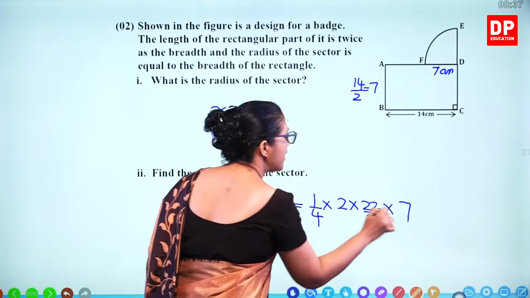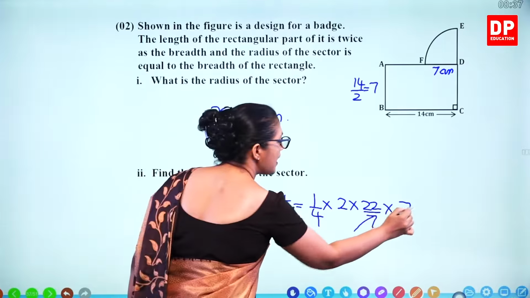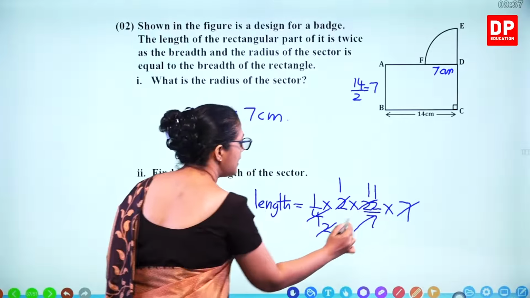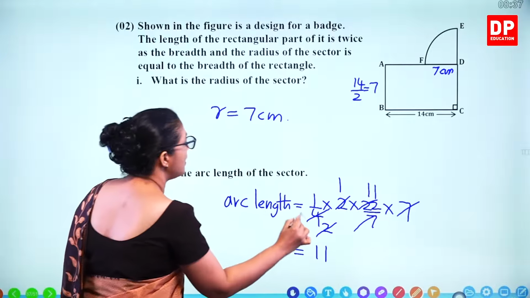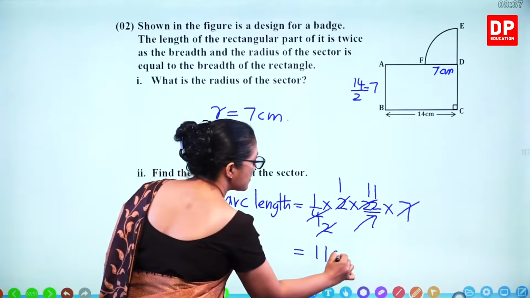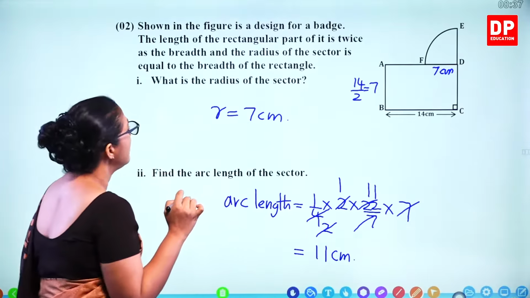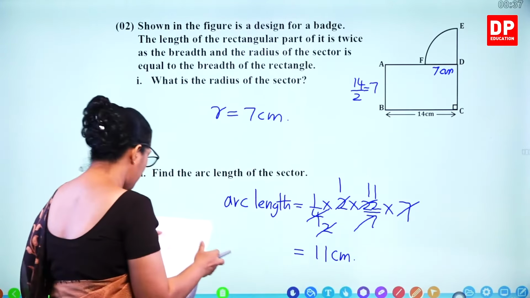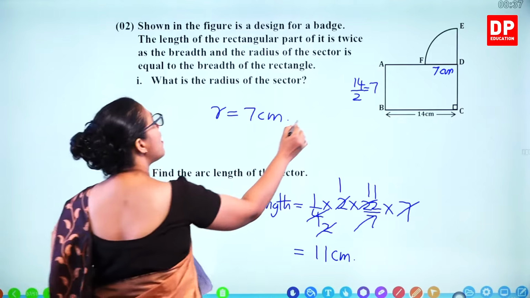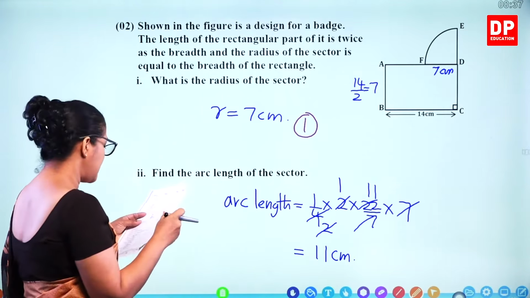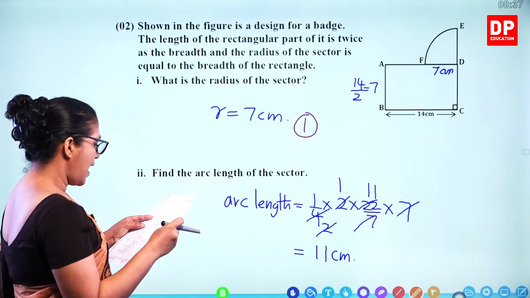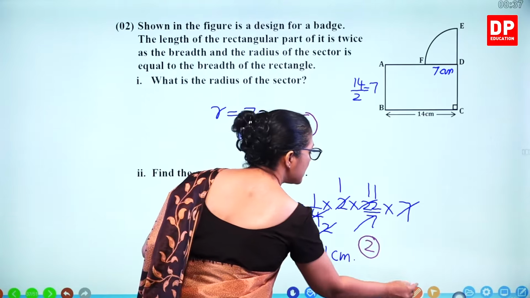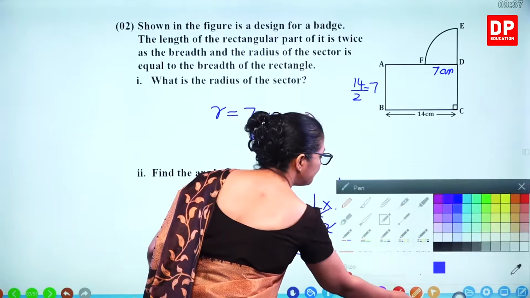Now we know the radius is 7. 7 and 7, 2 times 1, 2 times 2. And this is 11. So 11 centimeters is the arc length. We give marks for these two steps: 1 mark for finding the radius, 7 centimeters, and 2 marks for finding the arc length. So altogether 3 marks here.